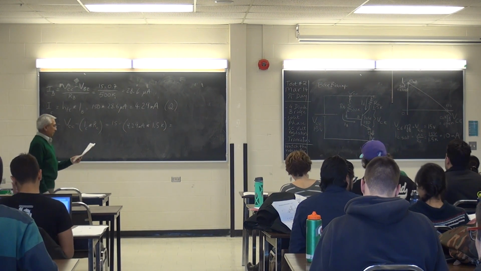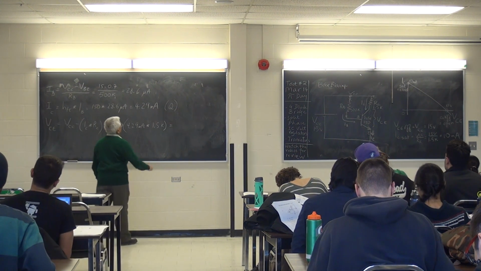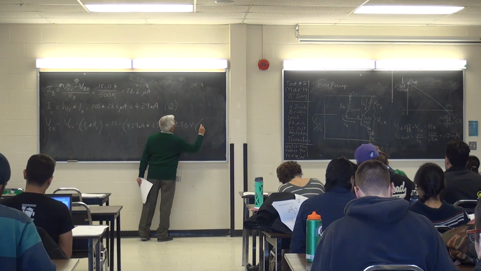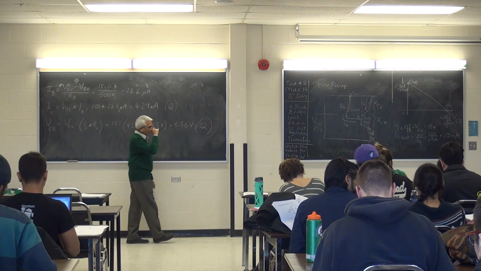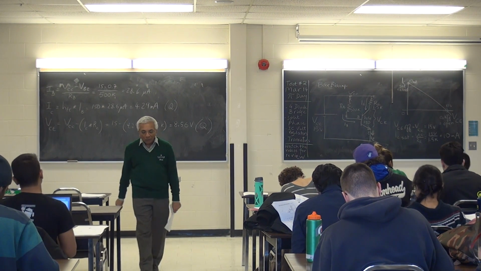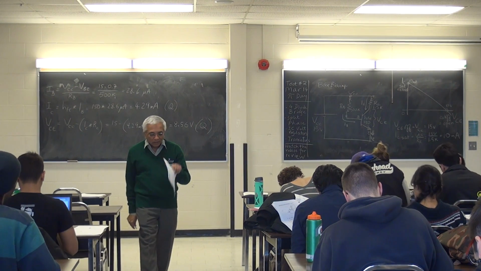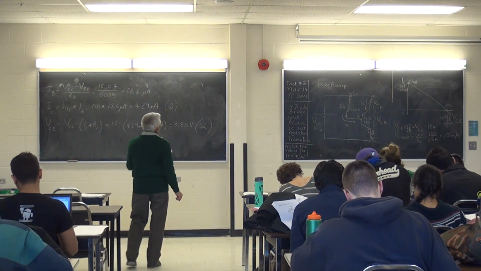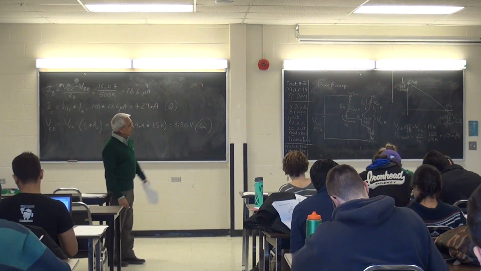What do you get? 8.56. Write down Q beside it. What does the Q mean? That's the Q point. That's the operating point of this transistor in this circuit. So the operating point is somewhere on that load line.